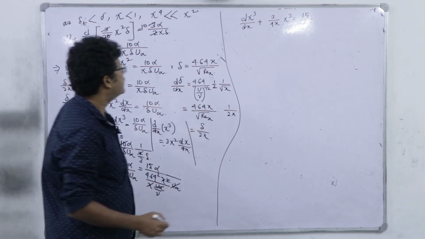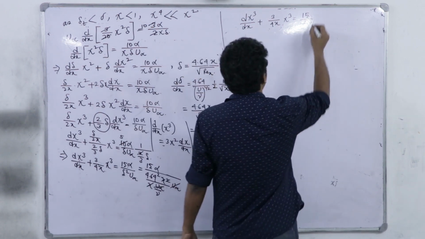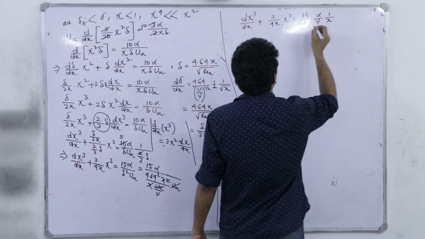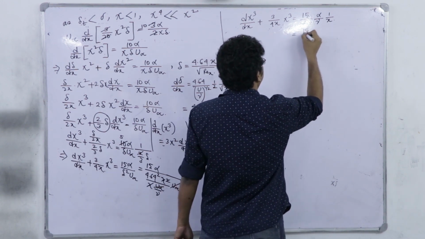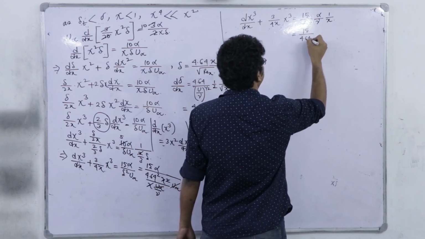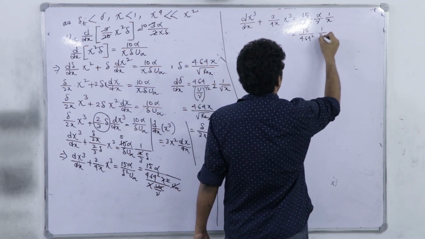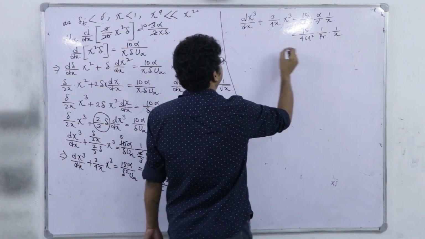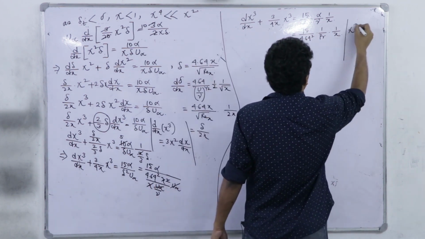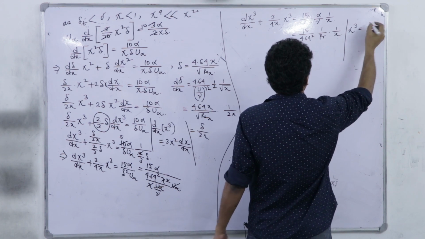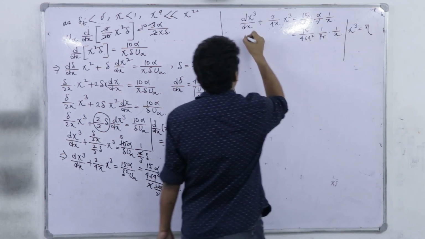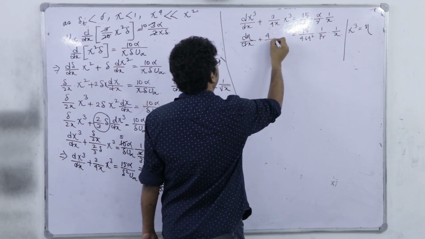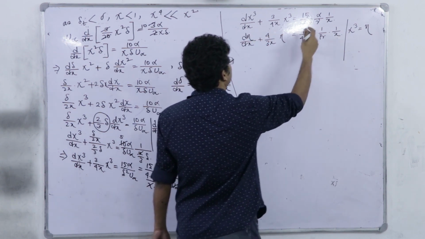So, this 4.64 alpha by nu into 1 by x. So, that is 15 divided by 4.64 square, 1 by Prandtl number into 1 by x, and let us say this chi cube is equal to some whatever eta. So, d eta/dx plus 4 by 3x into eta equal to this.